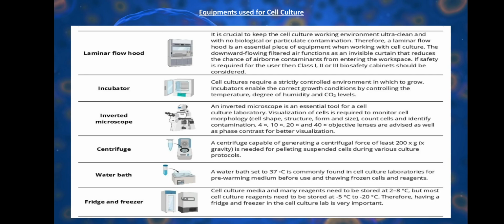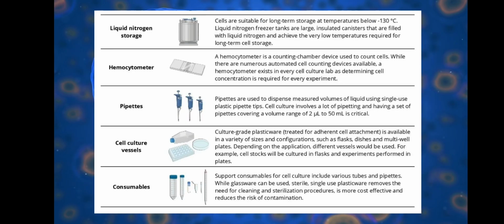Next one, a water bath. A water bath set to 37 degrees Celsius is commonly found in cell culture laboratories for pre-warming medium before use and thawing frozen cells and reagents. A fridge and a freezer: reagents need to be stored at 2 to 8 degrees Celsius for the purpose, so a fridge or a freezer can be used. Next, liquid nitrogen storage, suitable for long-term storage at temperatures below minus 130 degrees Celsius.